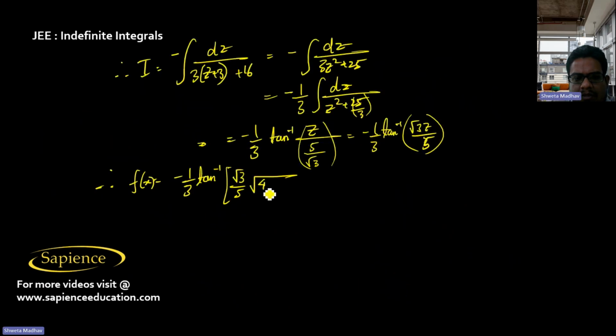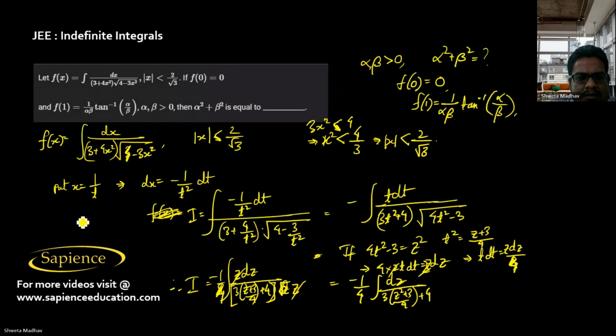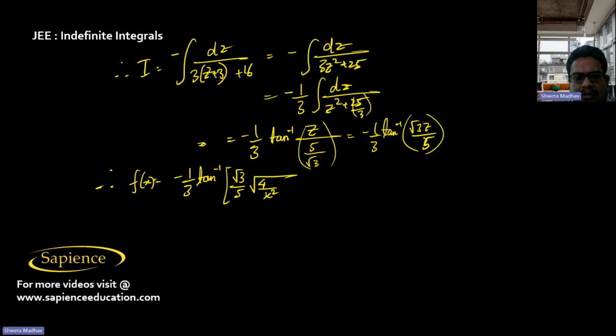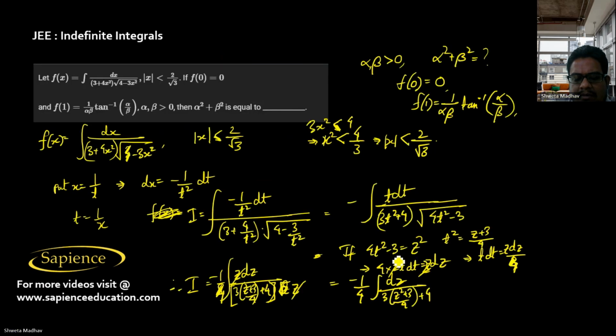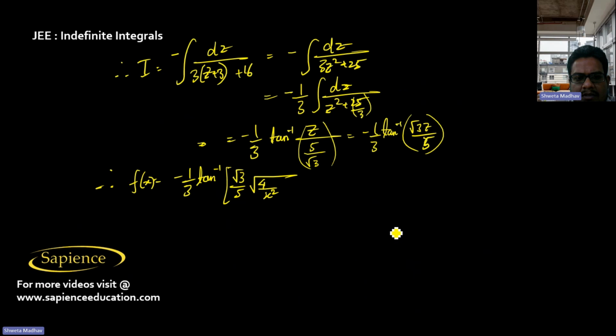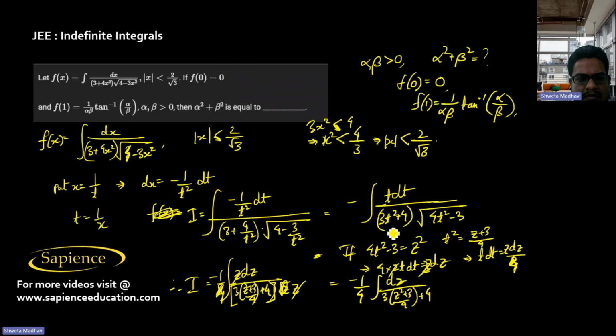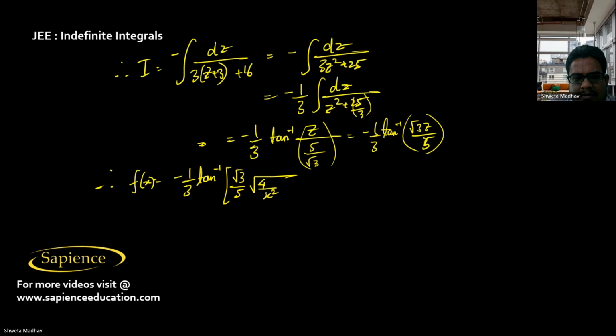T is equal to 1 by x. So t square will be 1 by x square, so root over (4 by x square minus 3).